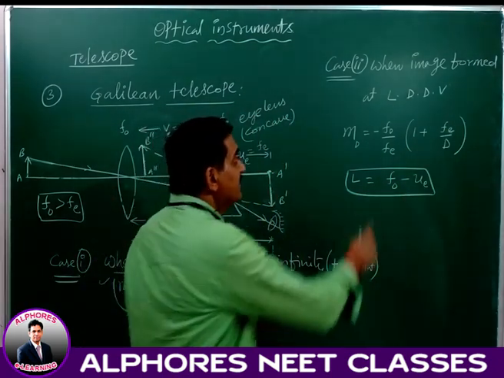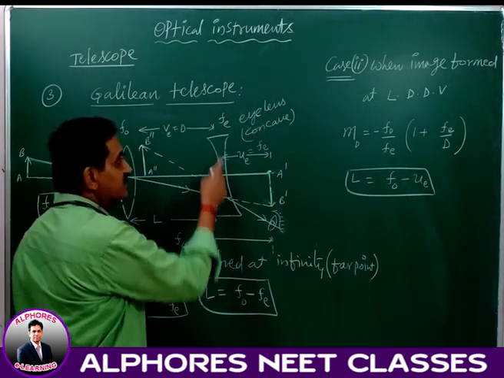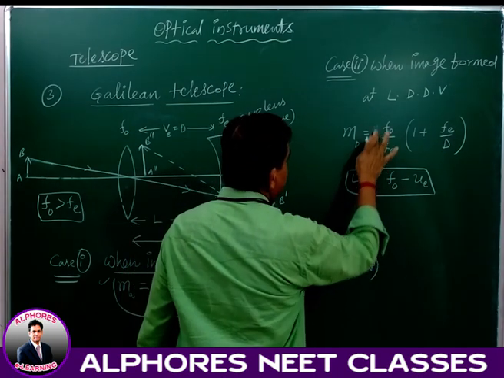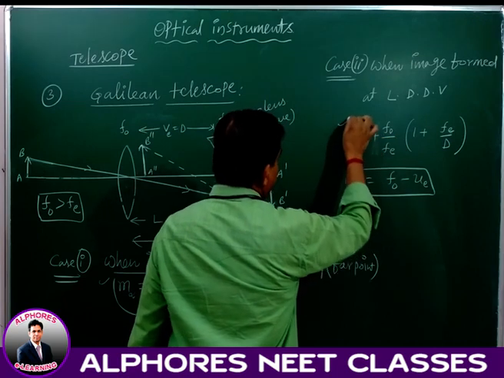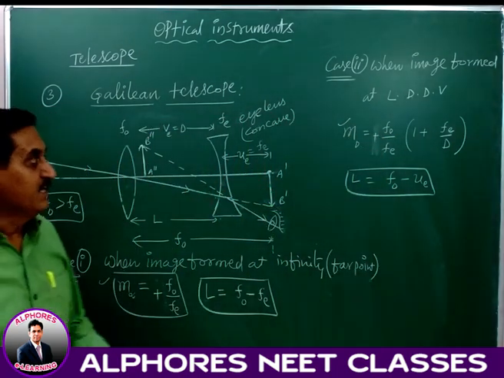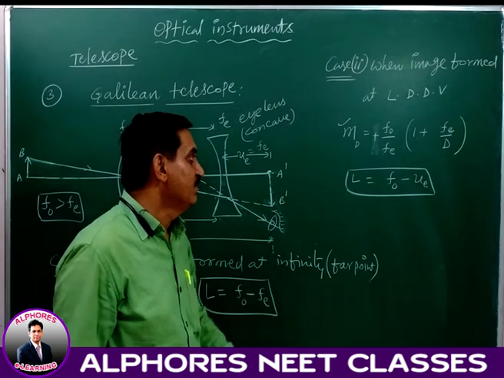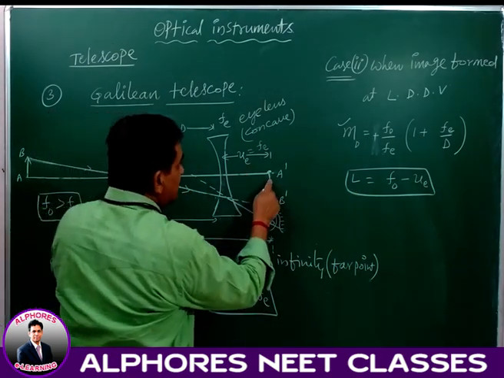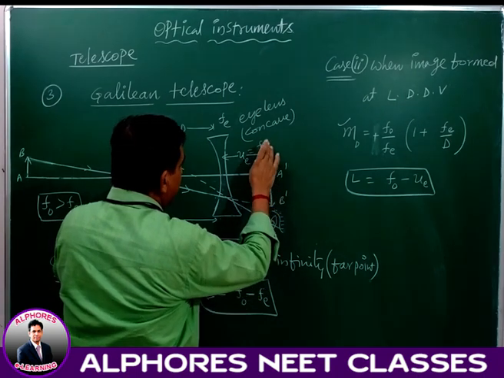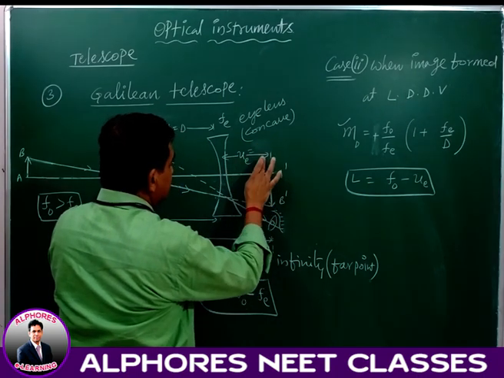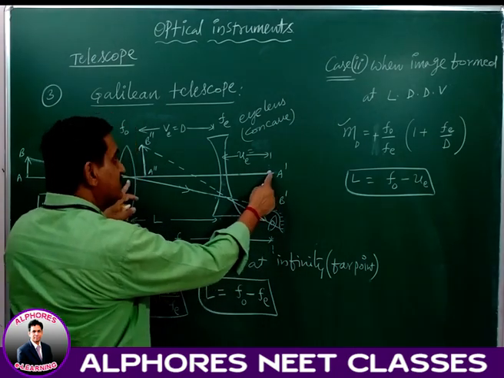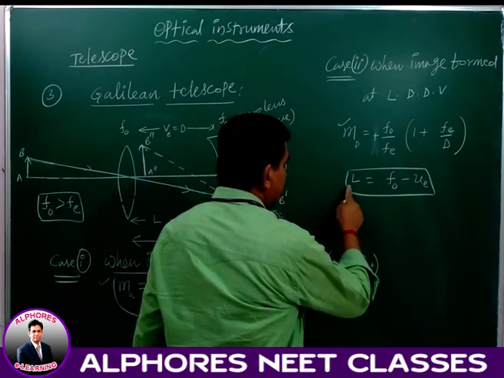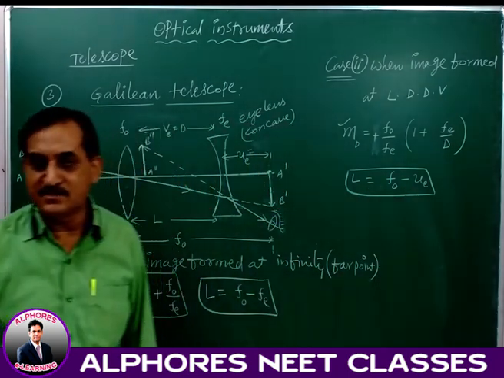But the only thing is fe is negative because it is a concave lens, minus gets cancelled, giving a positive magnifying power. Here the magnifying power is maximum, and for the length of the telescope, this is LDDV, for which this object is not at its focus point, it is a smaller value, that is ue. Therefore f0 minus ue gives the length of the telescope in this case. Therefore L is equal to f0 minus ue.